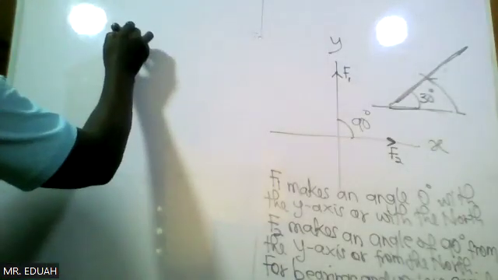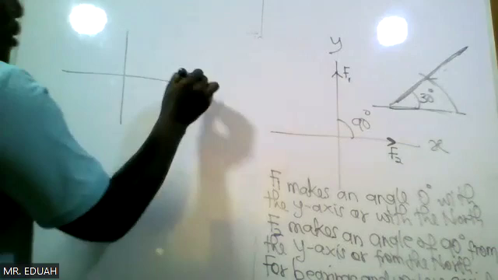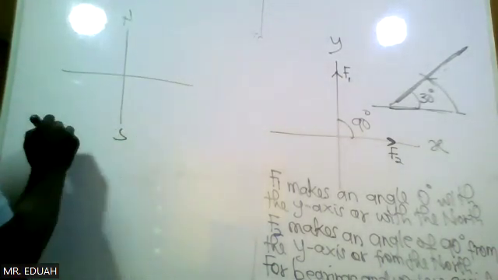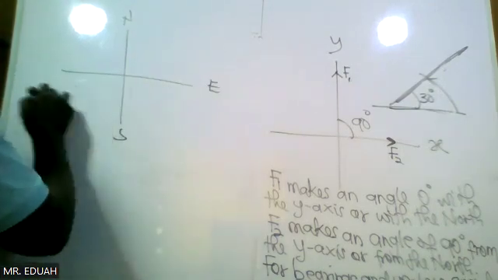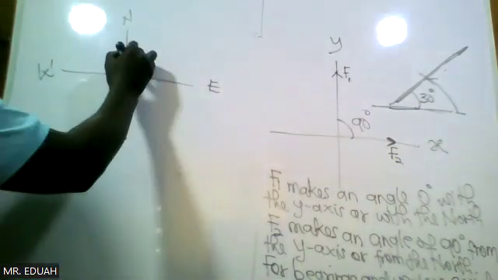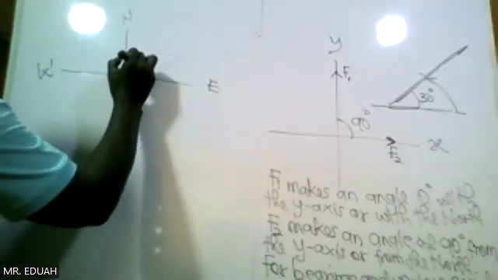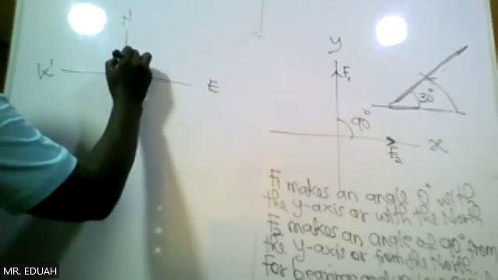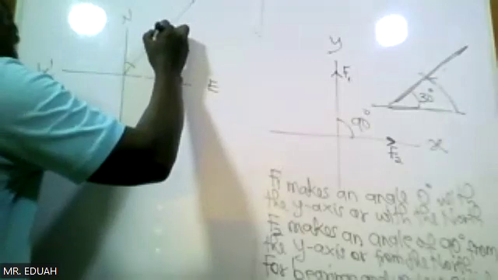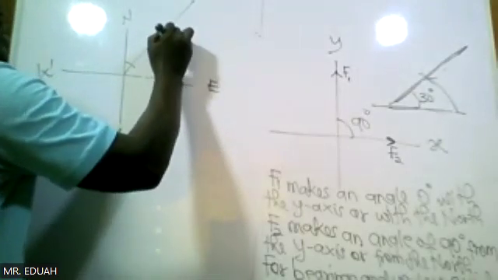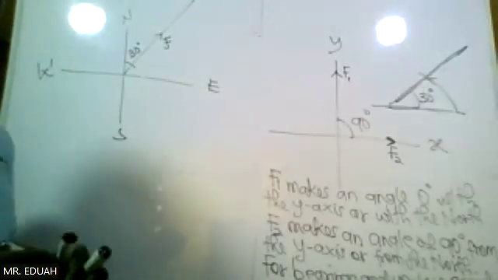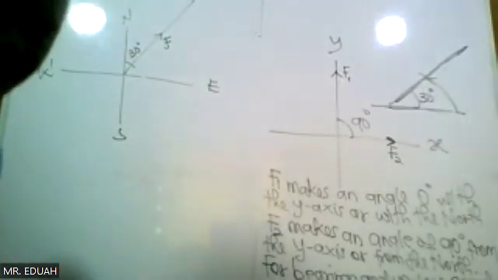First, I need to draw my north, either the cardinal point, north, south, east, west, which is the same as the y-axis, and measure my angle from the north. So from the north, I measure an angle of 30 degrees from there. And this will be the direction of the force. So for bearings and vectors, angular measurement is always taken from the north.